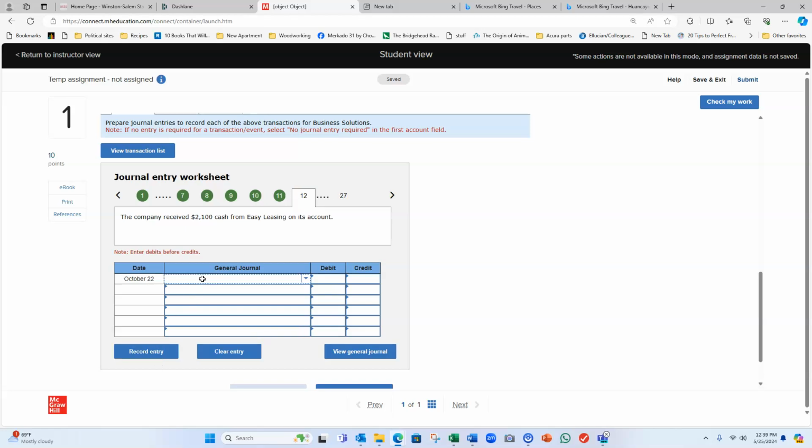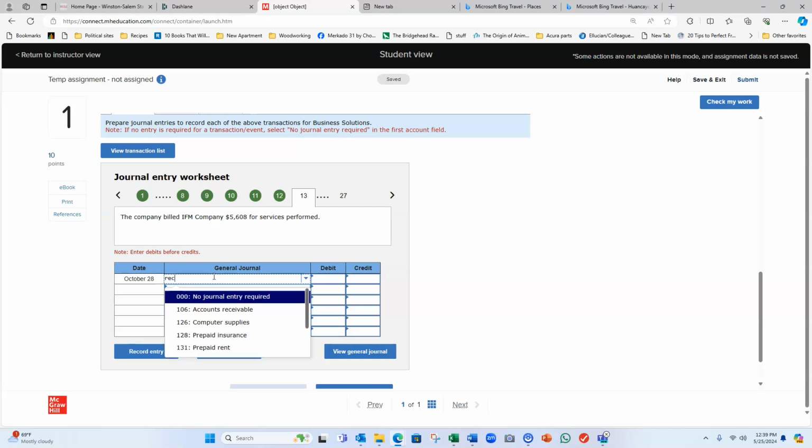We received cash, so cash is going up from Easy Listening on its account, so that's receivables. The company billed another company, IFM, for $5,608 for services performed.